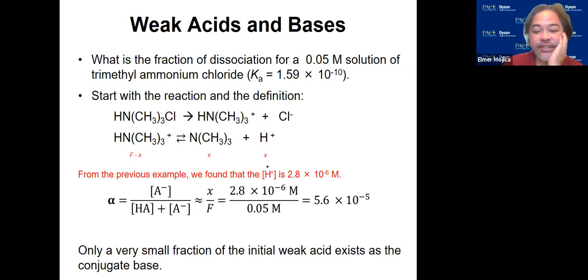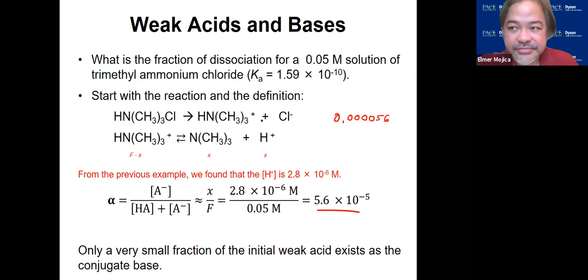So we could say here 5.6 times 10 to the negative 5. So this is what? 1, 2, 3, 4, 5. That's the fraction that dissociates. Analyze. What's so quiet there?